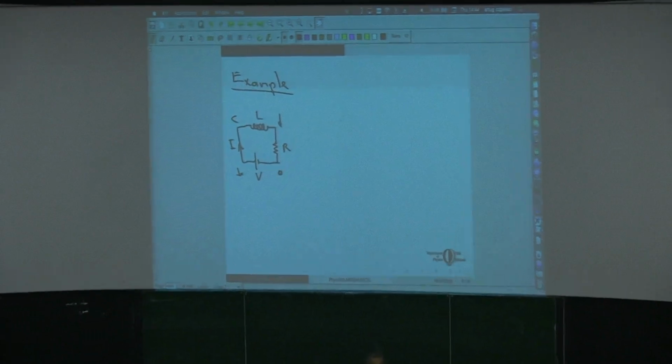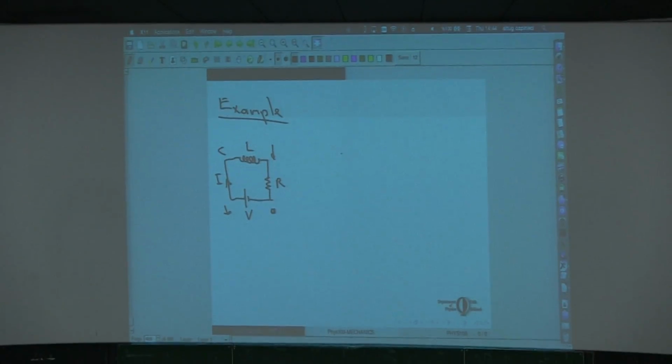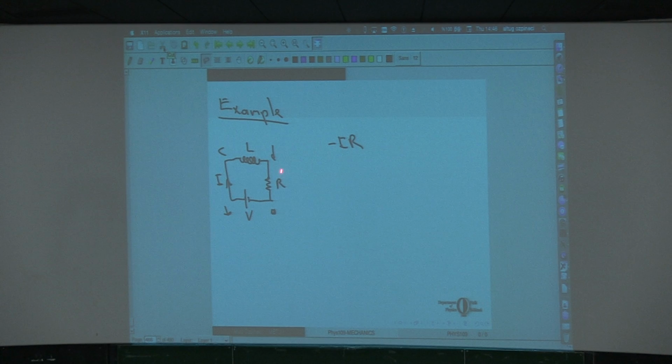Or how much energy does it lose? This is the amount of energy the positive charge will acquire as we go from D to A. We are writing the total energy gained by the charge as we go from D to A.